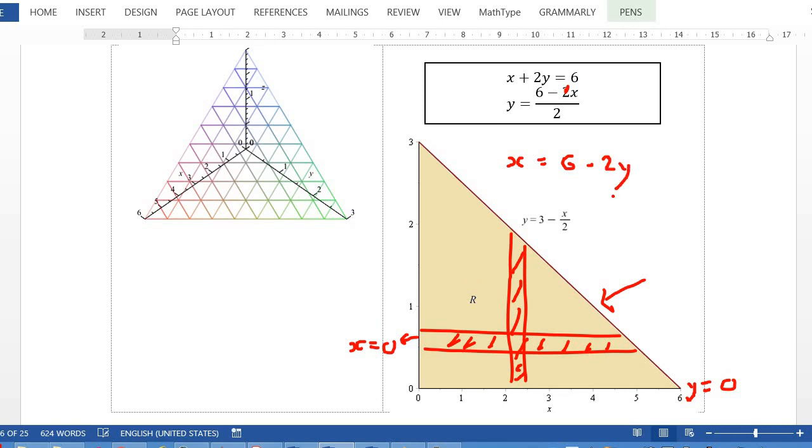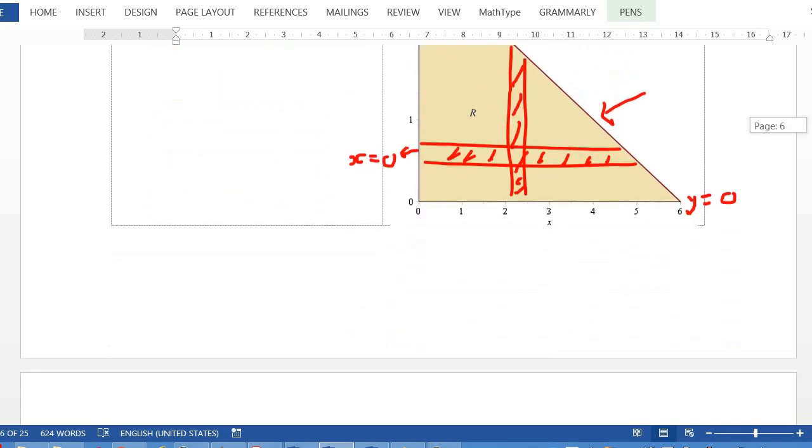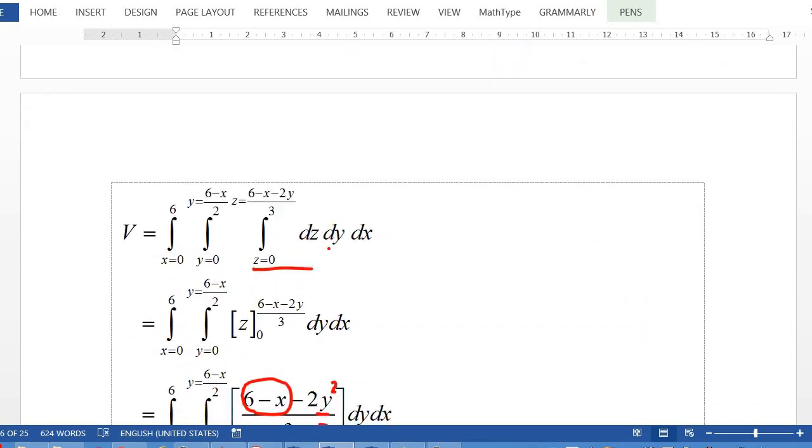If you want to use dx dy, then the lower limit of x will be your left curve, which is x equals 0, up to the right curve, which is x equal to 6 minus 2y. And you're going to sum this horizontal bar from the bottom of your region R, which is y equals 0, until this one, y equal to 3. Hence, you have another orientation where you change dy dx to dx dy.